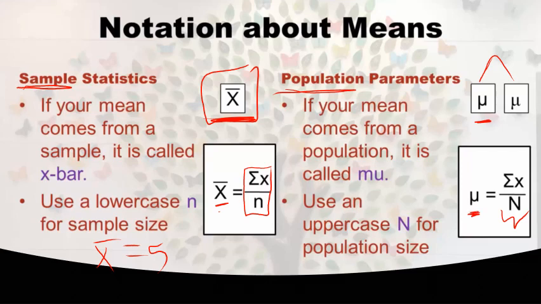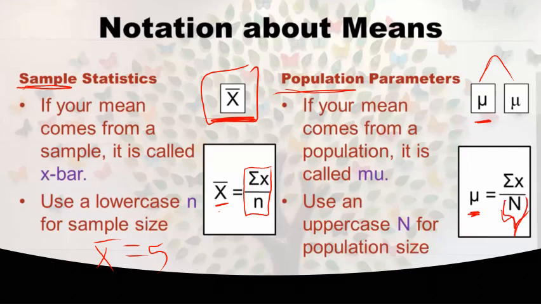When you see this, you go, okay, they're talking about a mean for population parameters. That's where they must have got all their data by surveying all the people that live in that area. Also, another thing you should know is the n in this type of formula.